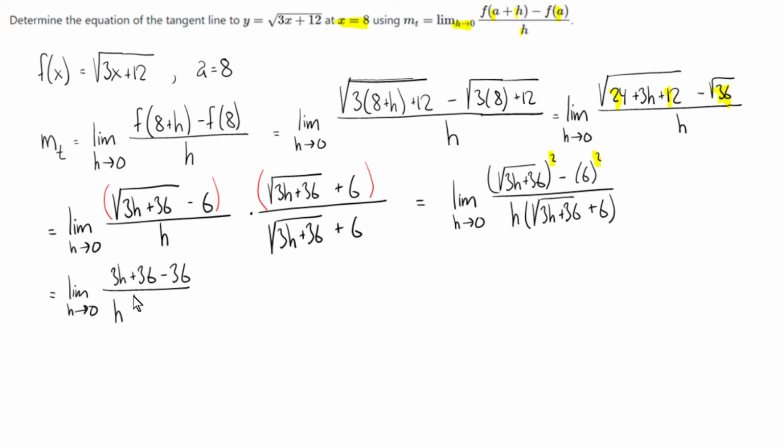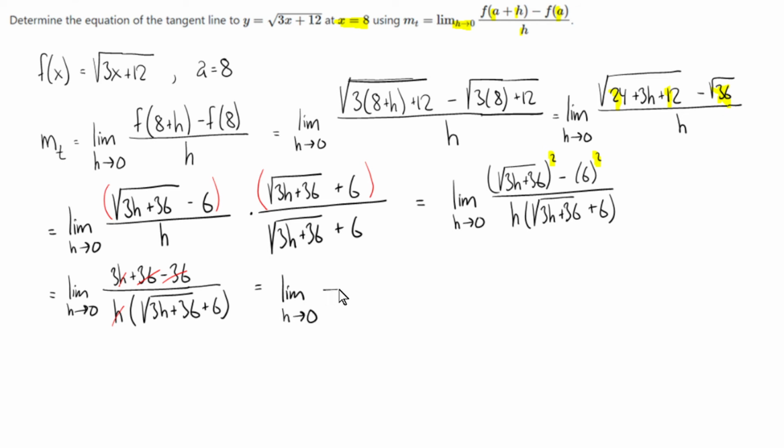In the denominator, we're going to keep it in factored form, so it stays the same. Now we can see that 36 minus 36 just disappears, and this h cancels against this h in the denominator.